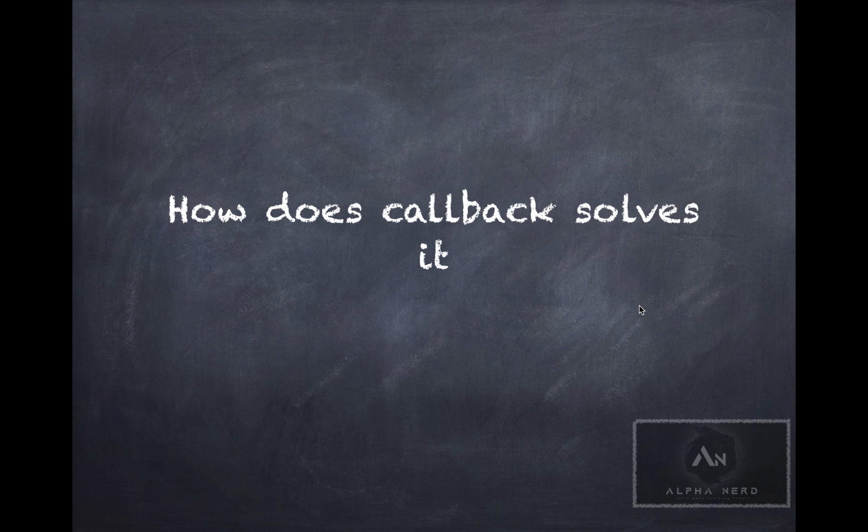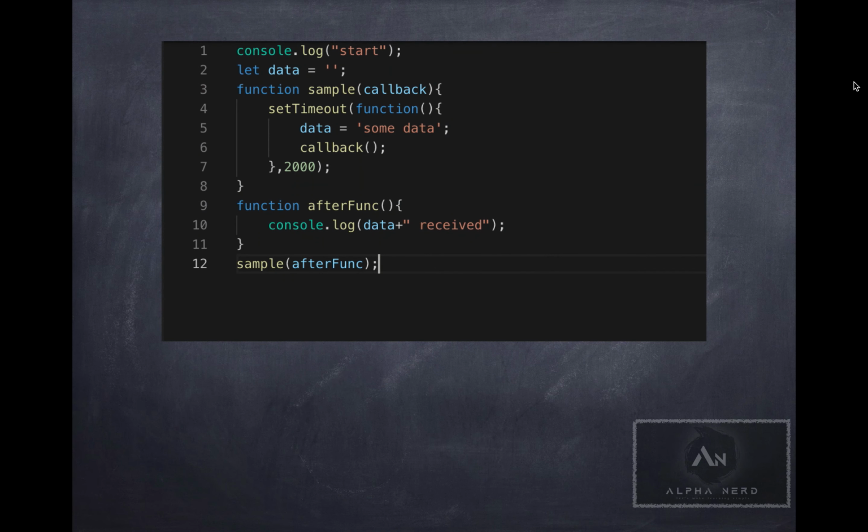Now let's see how to solve this situation using a callback. We have modified the previous sample program a little bit. As you can see, the console log statement which has to be executed after the sample function statement is written inside a function afterFunction, and this afterFunction is passed as an argument to the sample function call.